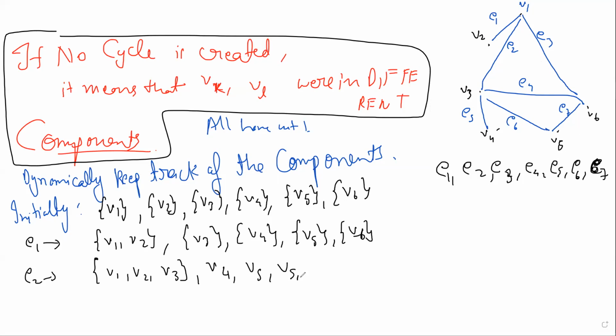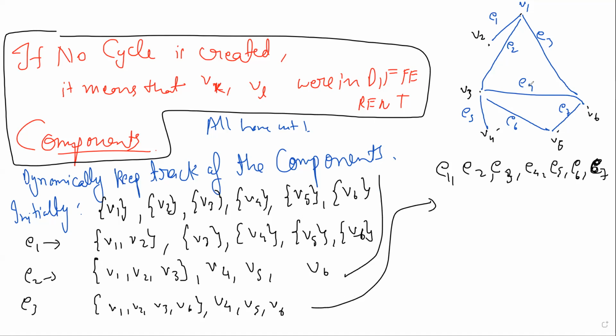Now E3 comes in, and E3 is between V1 and V6. So at this stage, I will have to combine V1, V2, V3, V6. And in this way it goes on, right?